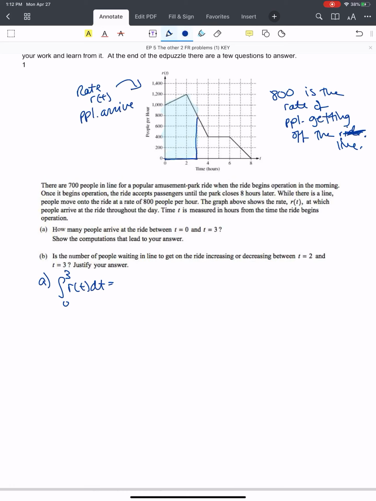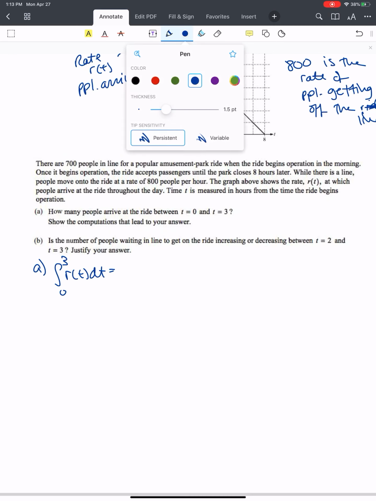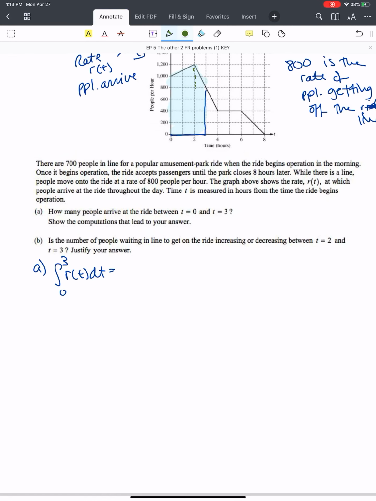You can break it up into little pieces, whatever. I'm just going to break it up into 0 to 2. I just see that's a trapezoid here, and then this is a trapezoid in here. So this is trapezoid 1, and this is trapezoid 2. So I'm just going to do it that way.